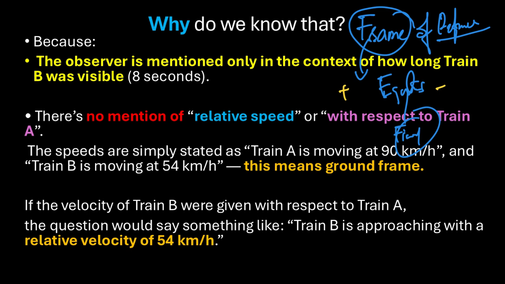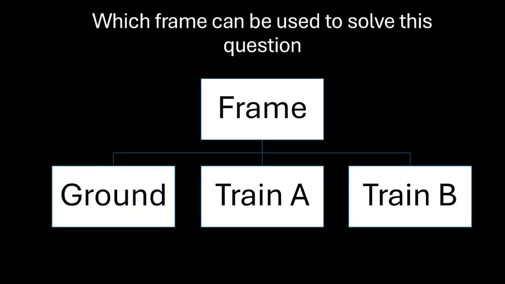All right. Okay, so now that we understood that this question is based on ground frame and not any other frame, the given measurements are with respect to ground frame. So the next question comes up, how can we solve this question? Do we have to stick to the ground frame or can we do this question in any other non-inertial frame?